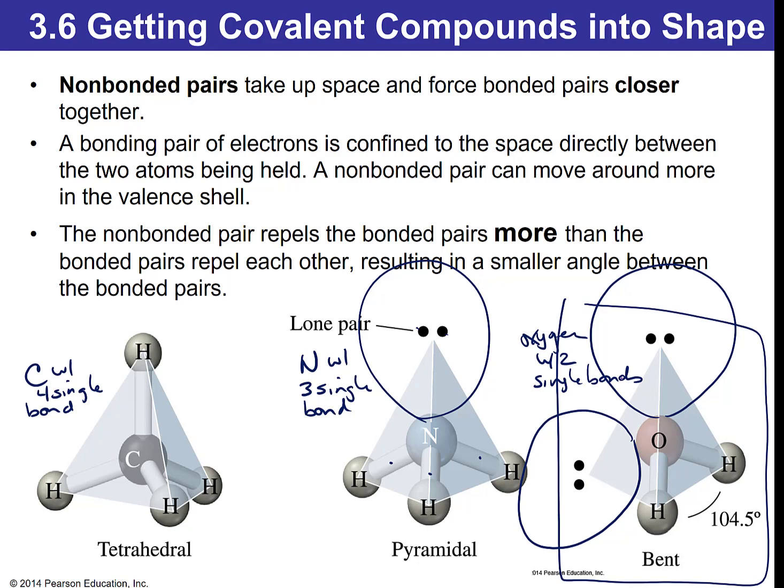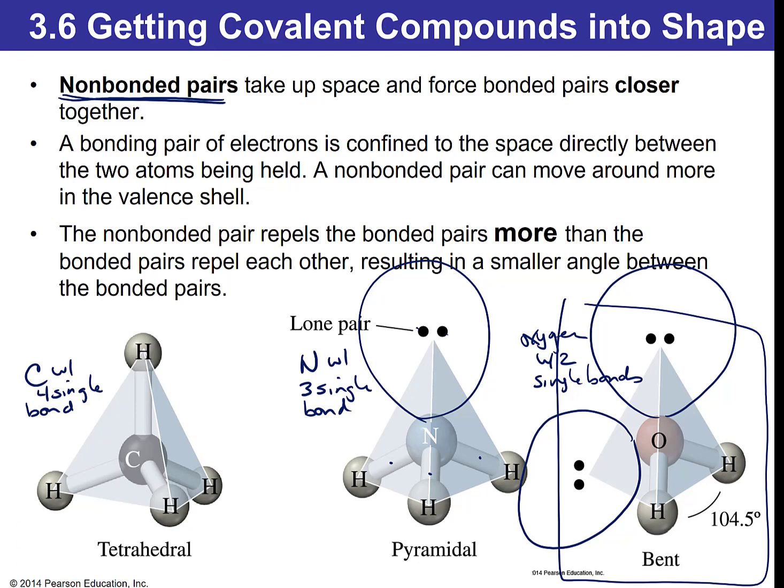So water's a really good example, H2O. The thing to remember: non-bonding pairs take up space and they will affect the other covalent bonds in a molecule. It'll affect the shape.